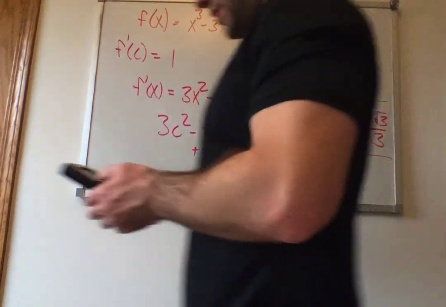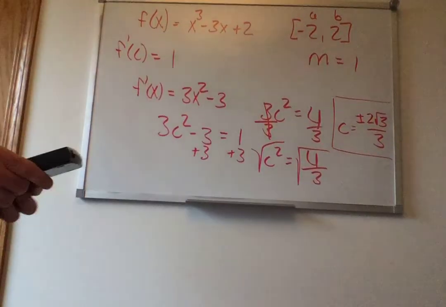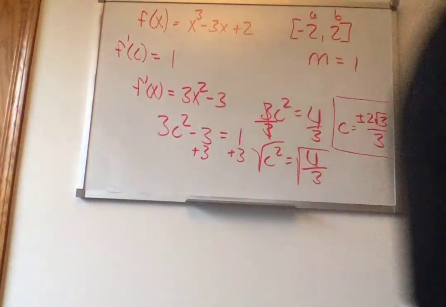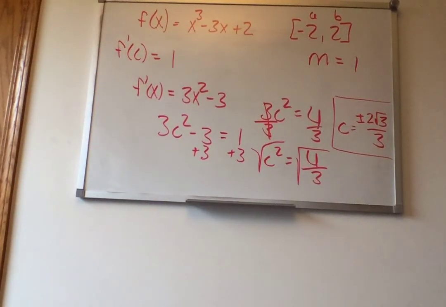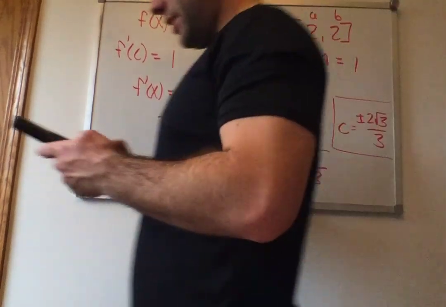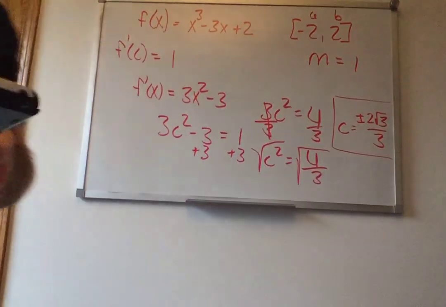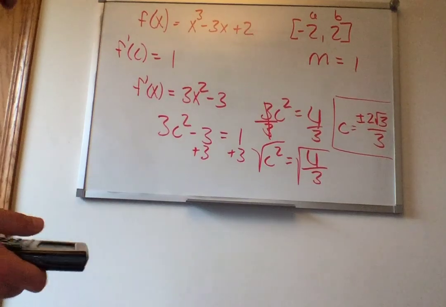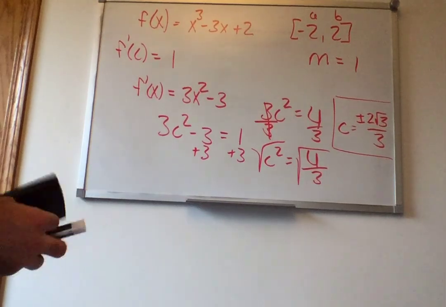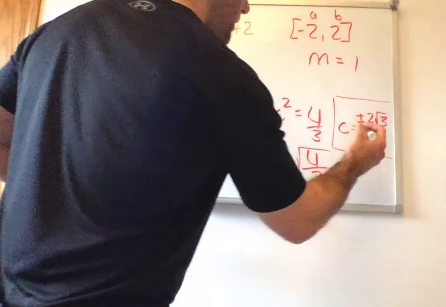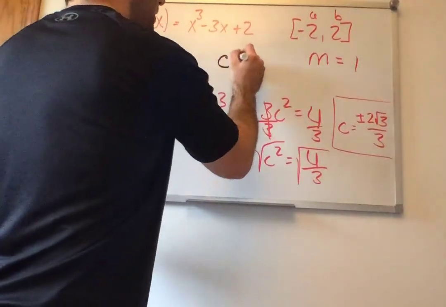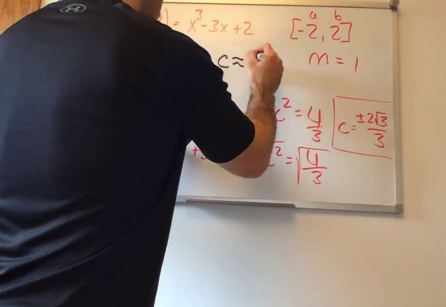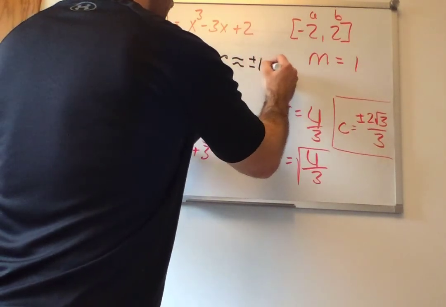Alright, let's see. Got the calculator. 2 square root 3 divided by 3 is 1.154. Okay? So we've got our c values, which are approximately plus or minus 1.154.